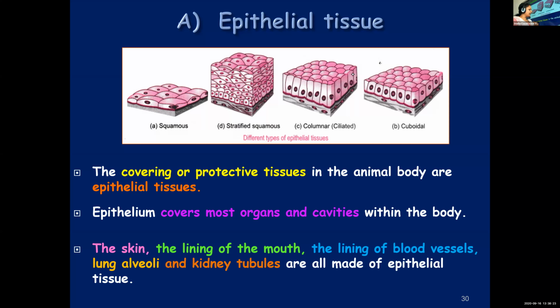I think you're familiar with all these except lung alveoli. What is lung alveoli? Inside the lungs, there are some balloon-like structures. You will learn more about it later. These balloon-like structures present in the lungs are known as lung alveoli.